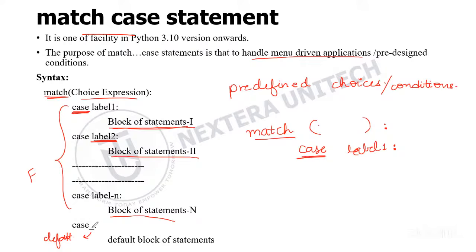So the underscore case will act as a default value, and depending on the choice, the machine performs the action. This is why it is used for menu-driven applications. For example, it is used in arithmetic calculators, menu-based applications, and also option selection systems.